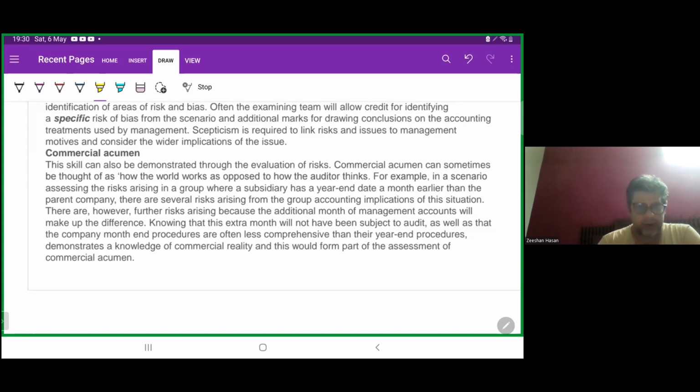There are, however, further risks arising because the additional month of management accounts will make up the difference. Knowing that extra month will not have been subject to audit, as well as that the company month-end procedures are often less comprehensive than their year-end procedures, demonstrates a knowledge of commercial reality, and this would form part of the assessment of commercial acumen. So that's it.